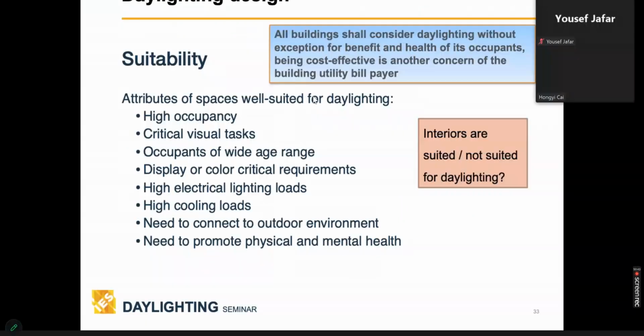Because that's for your health, for your human factors, for your benefits. But sometimes we do have limitations. For example, some museums, for some reasons, they just hate it. Even if you tell them we are going to block all the UV light, block all the infrared light, they still avoid it.